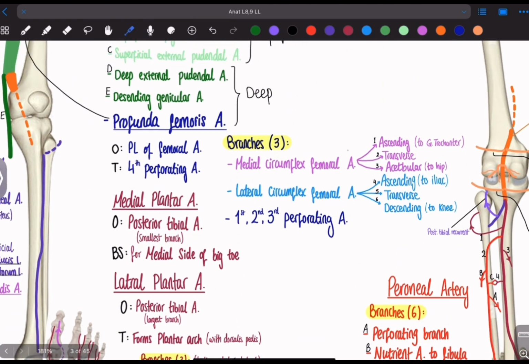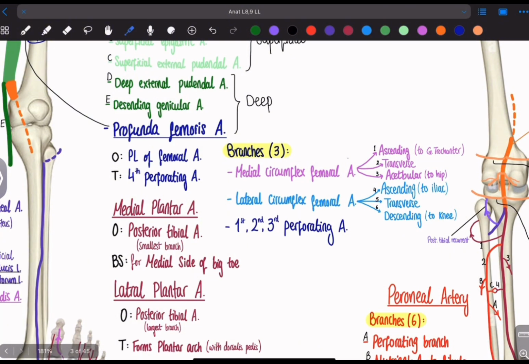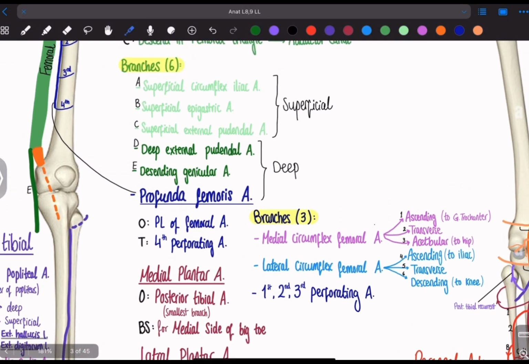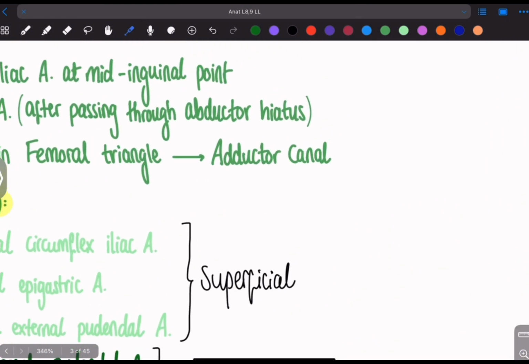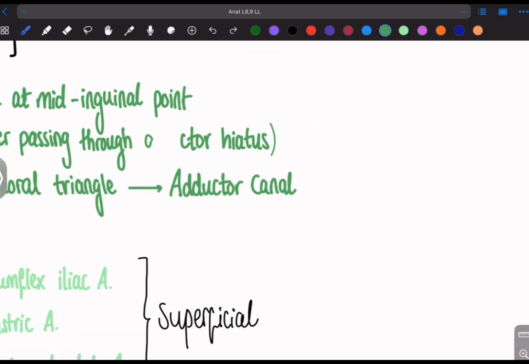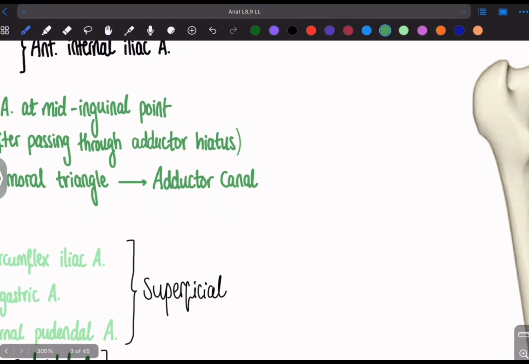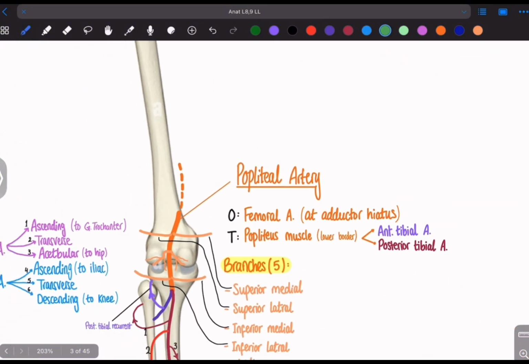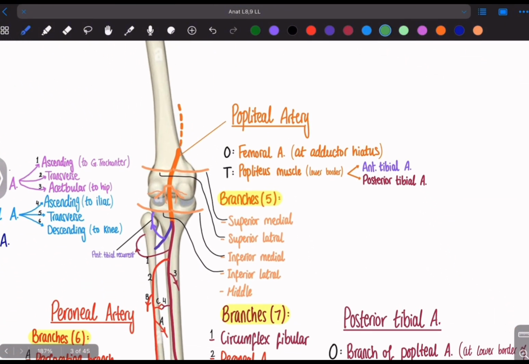Here I wrote abductor, but it's adductor, okay? So at the adductor hiatus, the femoral artery is going to change into popliteal artery. So this is the origin for the popliteal artery.